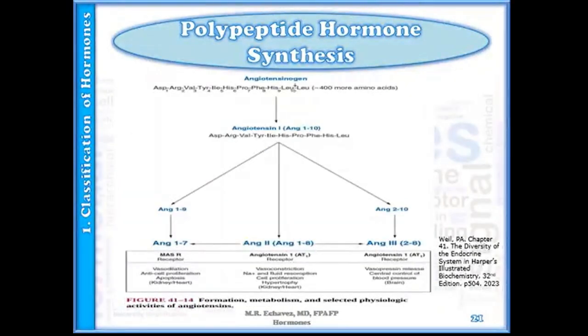Angiotensin II is also synthesized from a large precursor. So this is your angiotensinogen. It's a large alpha-2 globulin made in the liver, and is a substrate for renin, an enzyme produced in the juxtaglomerular cells of the renal afferent arteriole. The position of these cells makes them particularly sensitive to blood pressure changes, and many of the physiologic regulators of renin release act through renal baroreceptors.